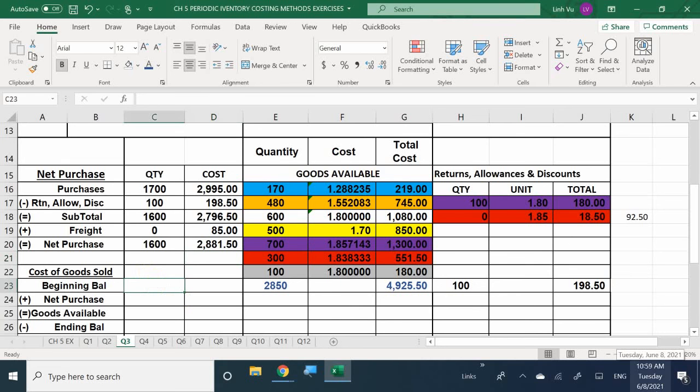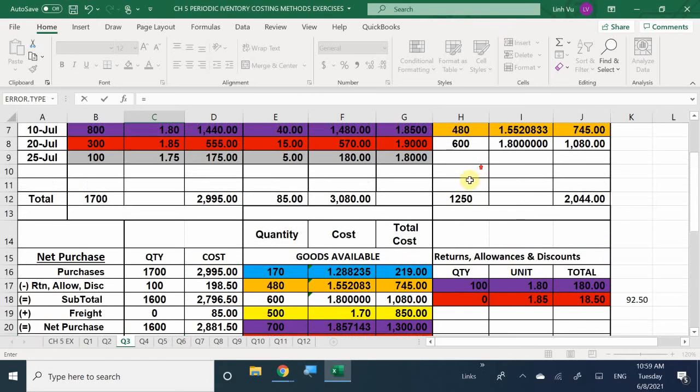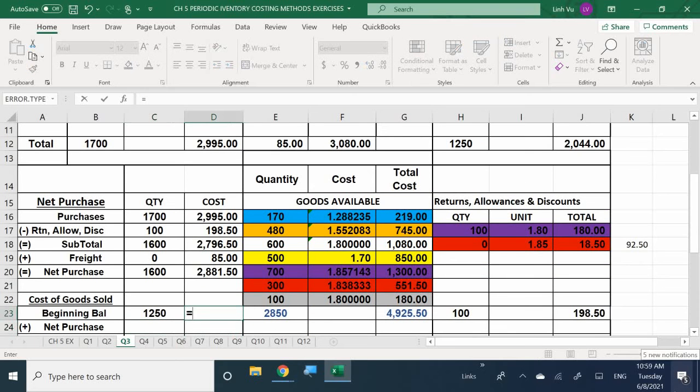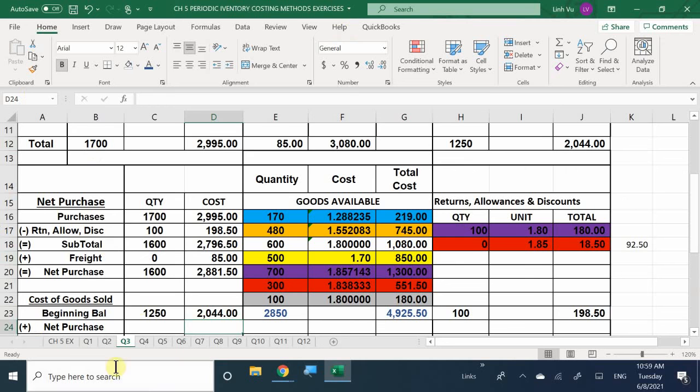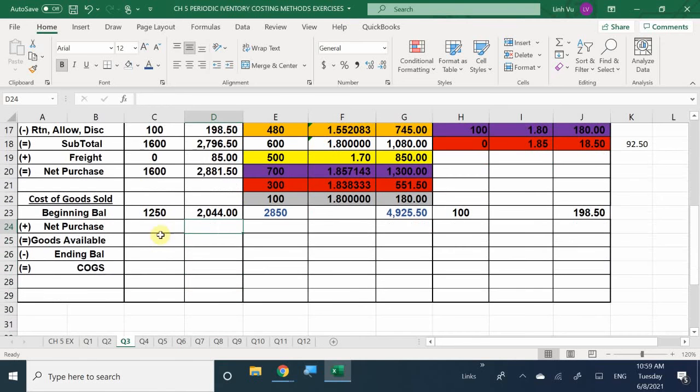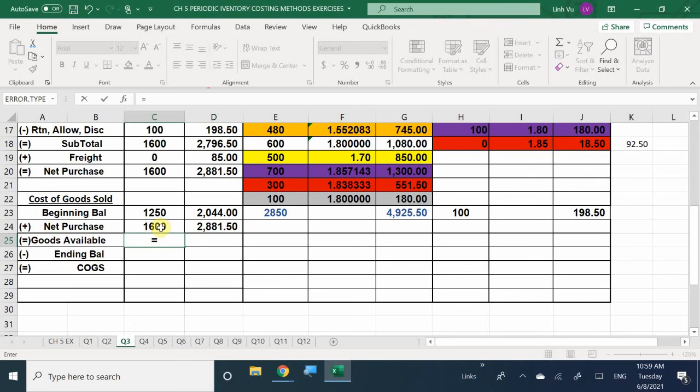Beginning inventory, right? We carried it from the previous month, which we know to be the $12.50, costing me a total of $20.44. Okay. We're going to carry down our net purchases that we saw from above. And then we're going to add those two numbers together because those are going to be my goods available.